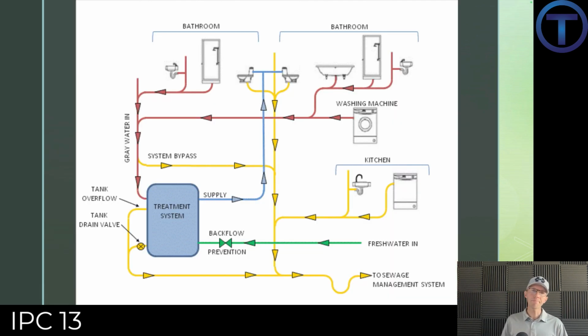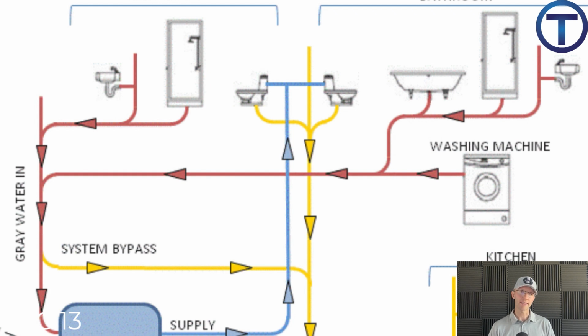Check out this diagram. This is an example of the on-site non-potable water reuse systems that are described in section 1302, okay? Take a look first off at the red lines. The red lines are the gray water.